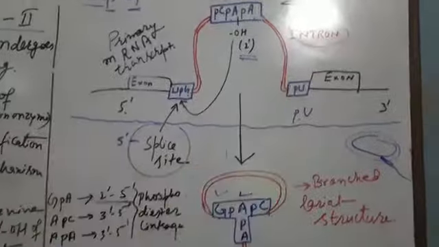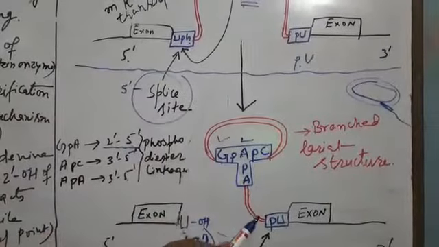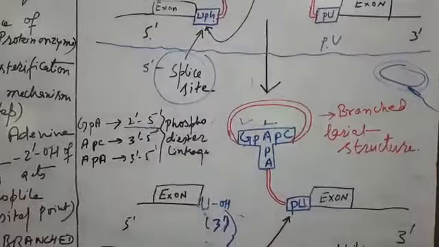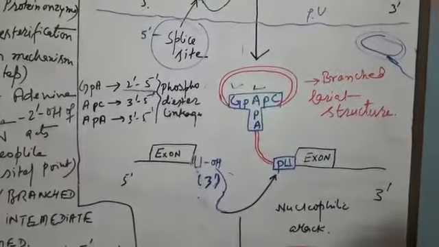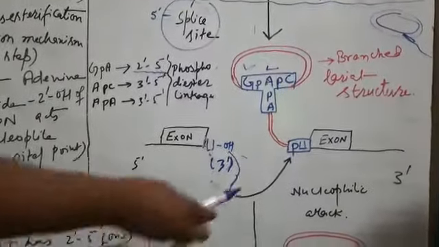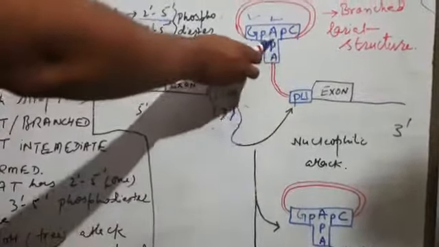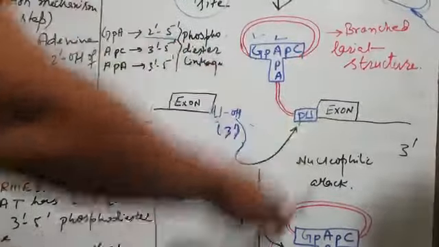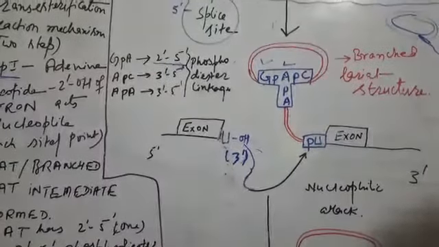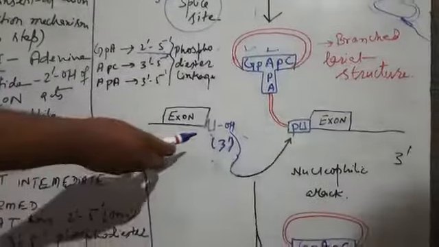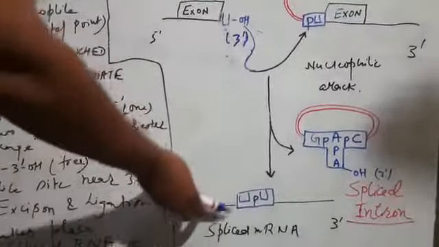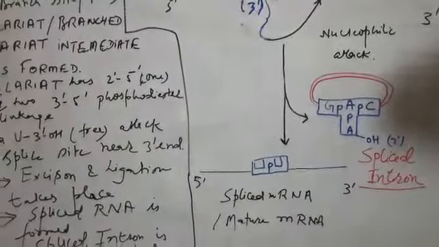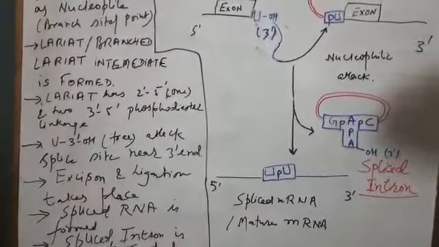So what happened after the first step? You have a branch lariat structure attached to the exon of the 3 prime. So this nucleophilic attack will obviously lead to cleavage of the phosphodiester linkage between the lariat and the 3 prime end exon, and as a result, formation of a spliced mRNA or mature mRNA, or you simply say RNA, will be formed.